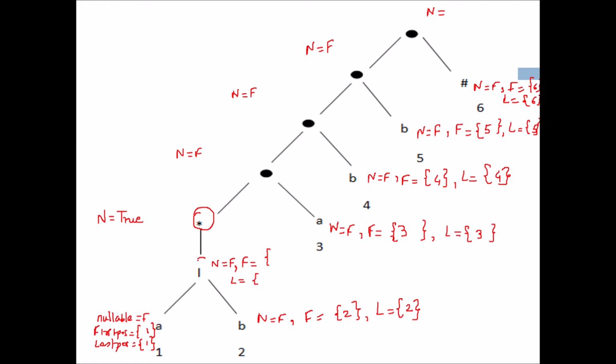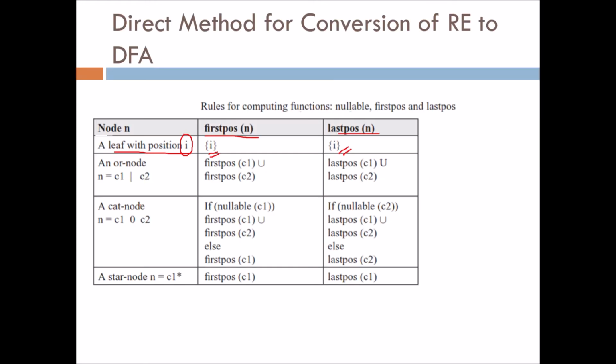So we'll first see what should be the values for OR node. So going back to the table again. So for OR node, to compute the firstpos value, we have to consider the union of the firstpos values of its left and right child. So this OR node will have two children. Let us call this C1 and C2, and we have to consider the firstpos value of both these children, take a union to get the value here.